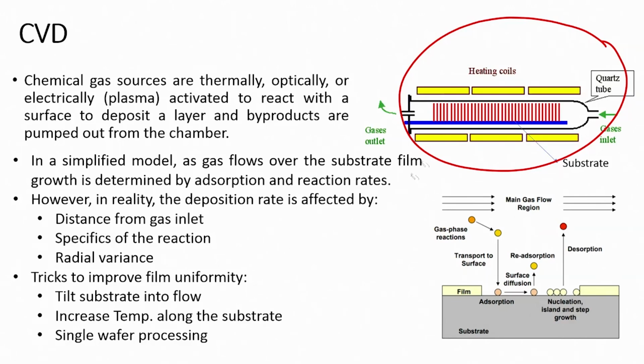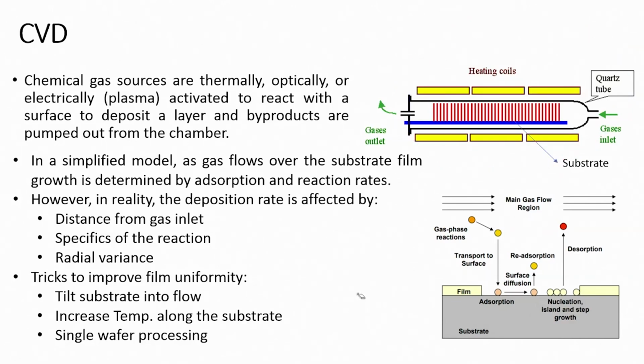Chemical gas sources are thermally, optically or electrically plasma activated to react with a surface to deposit a layer, and byproducts are pumped out from the chamber. We were introducing O2 at very high temperature, about 1100 degrees centigrade, and the byproduct went out of the furnace.